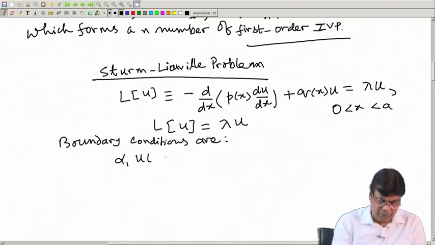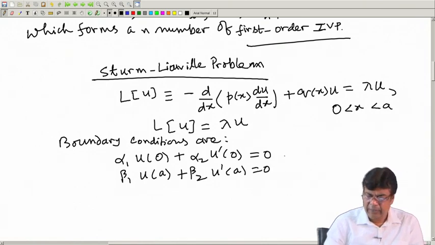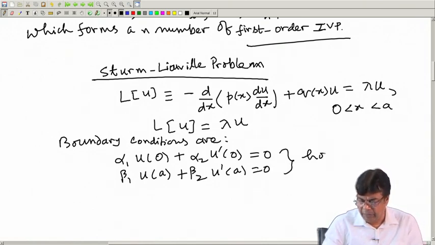So, we can put it this way: alpha 1 u(0) plus alpha 2 u'(0) equal to 0, and beta 1 u(a) plus beta 2 u'(a) equal to 0. Again, this is a homogeneous boundary condition.